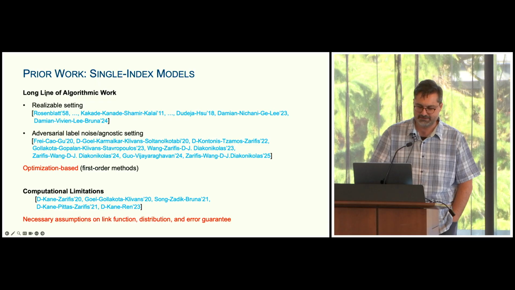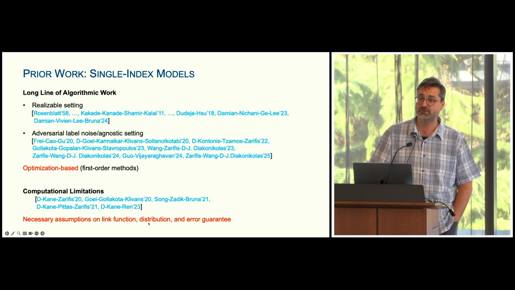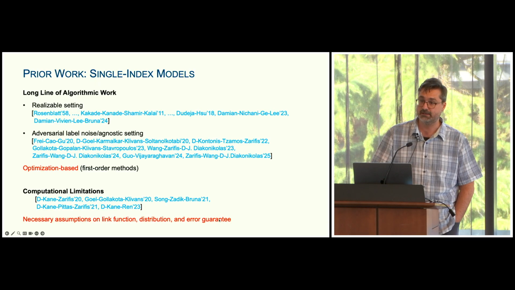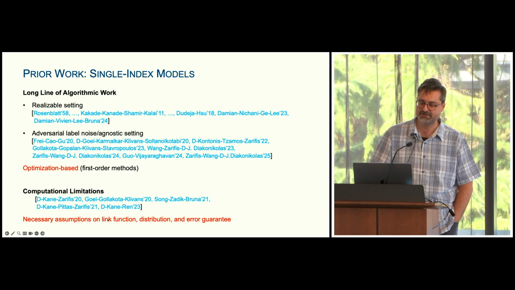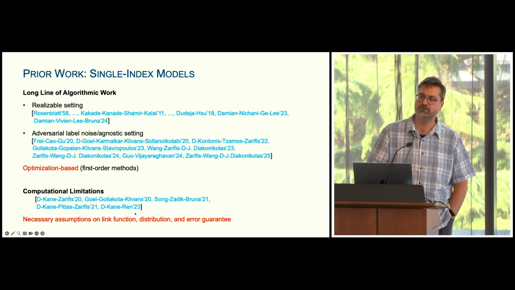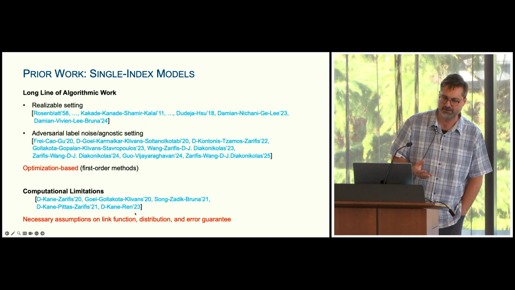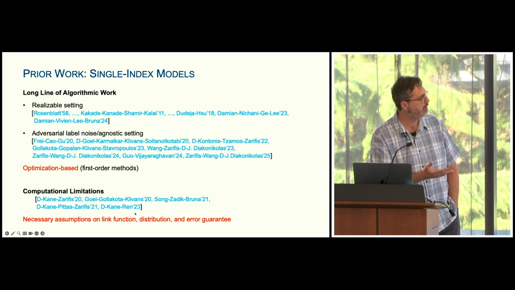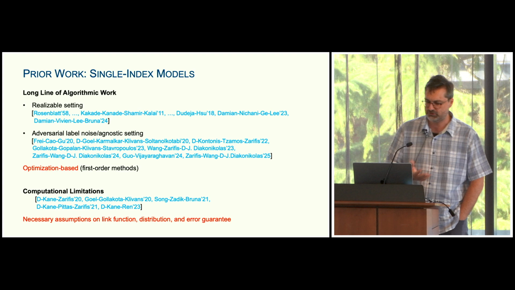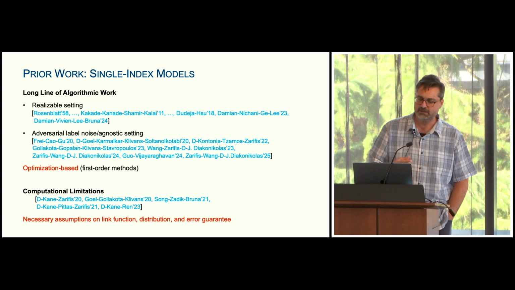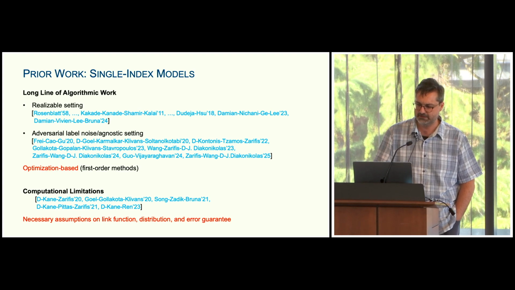You need assumptions on the link function, on the distribution, and on the error guarantee. Some combination of such assumptions is needed to guarantee computational tractability. I'm not going to go into all the prior results on computational hardness, but we're going to see some of them in the next 5-10 minutes.